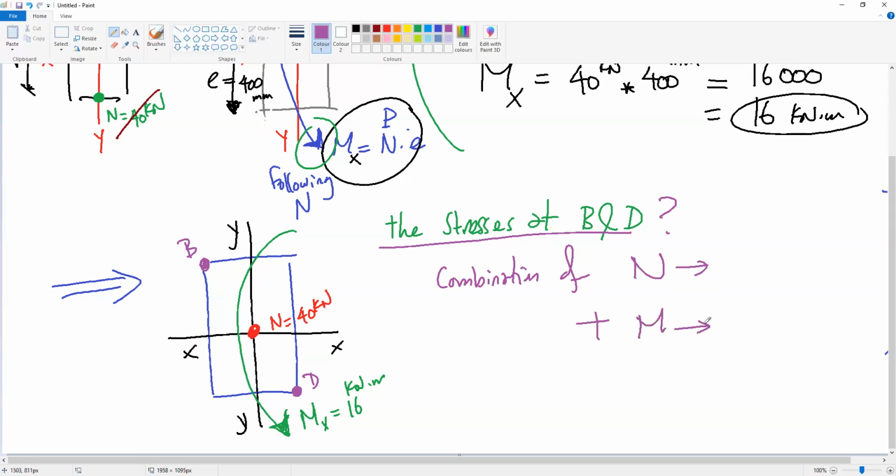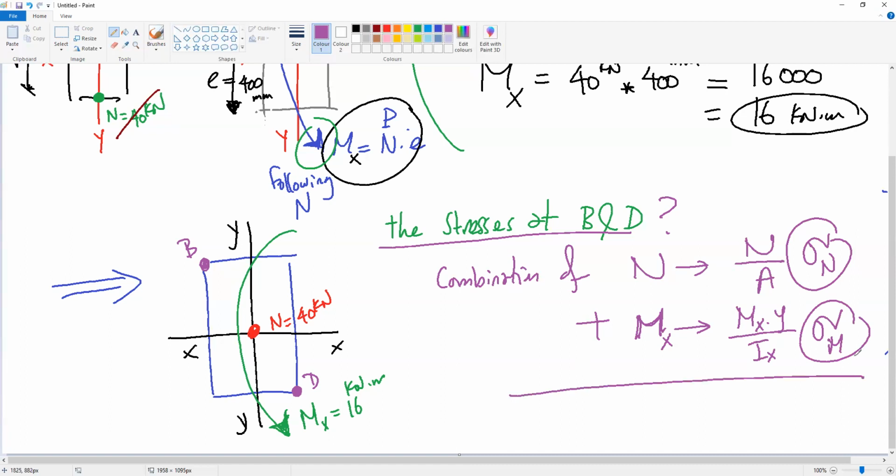If you remember from the first tutorial on normal stresses, we have normal stress due to N, which was N divided by A, and we call it sigma n. Sigma for moment Mx equals Mx times y divided by Ix, so this is sigma m.